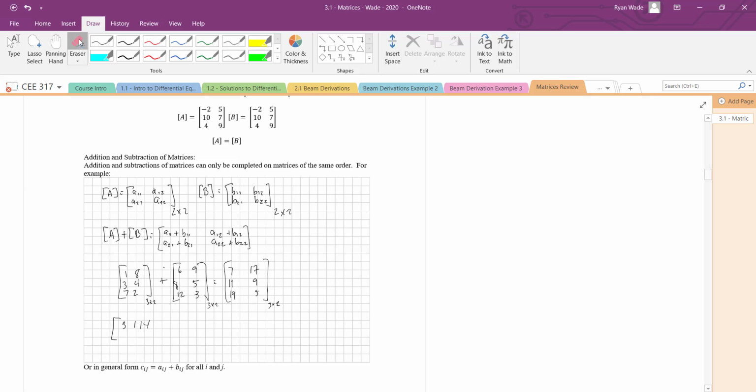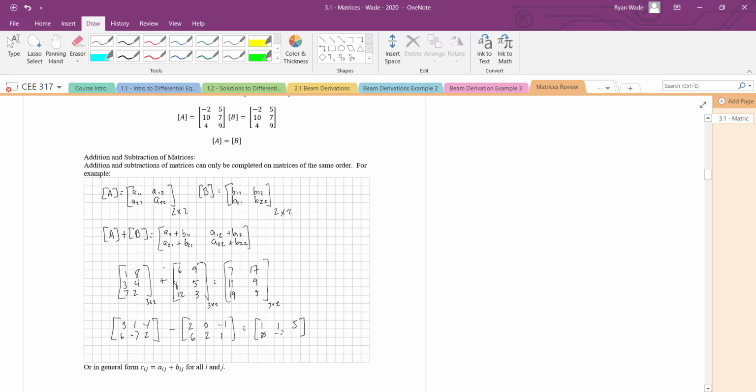Oops, that should be 1 and 4, not 1, 4. So I've got 3 minus 2 is 1. 1 minus 0 is 1. 4 minus minus 1 is going to be 5. 6 minus 6 is 0.